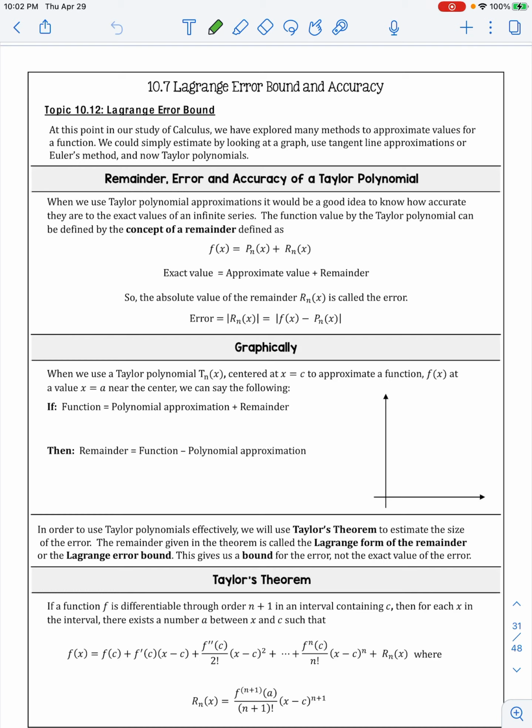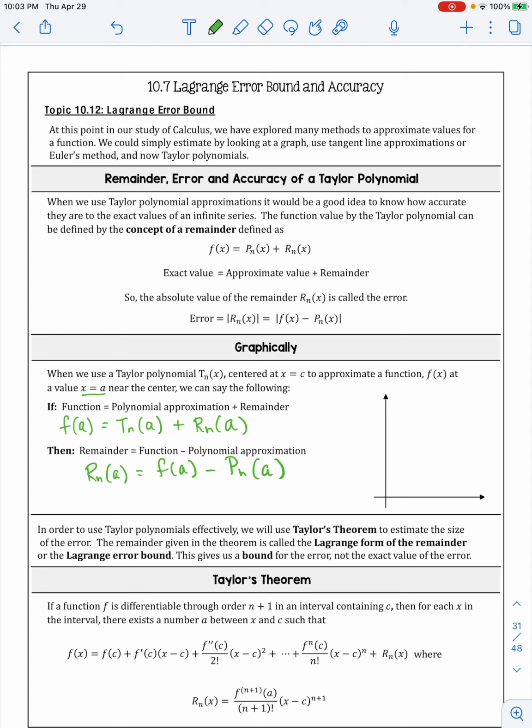So graphically, when we use a Taylor polynomial, T sub n of x, centered at x equals c to approximate a function f of x at a value x equals a near the center, we can say the following. Since we're finding x equals a, our function at a would be equivalent to the polynomial approximation, our Taylor polynomial sub n of a, plus our remainder sub n of a.